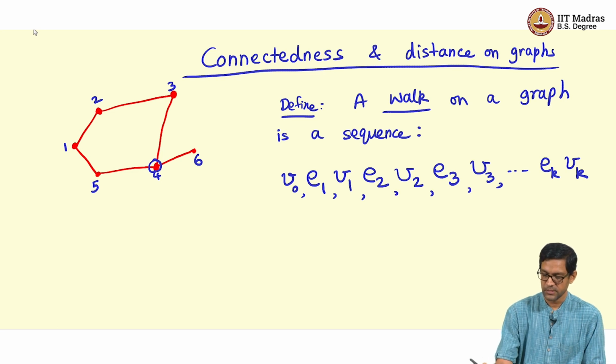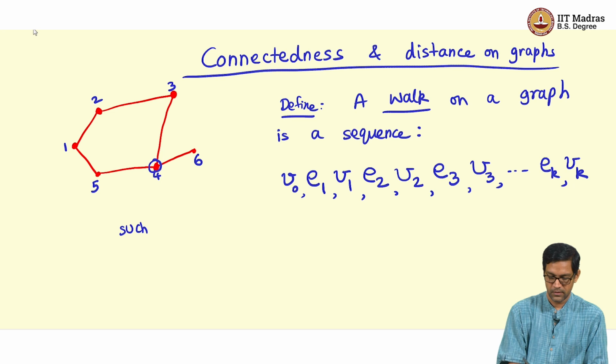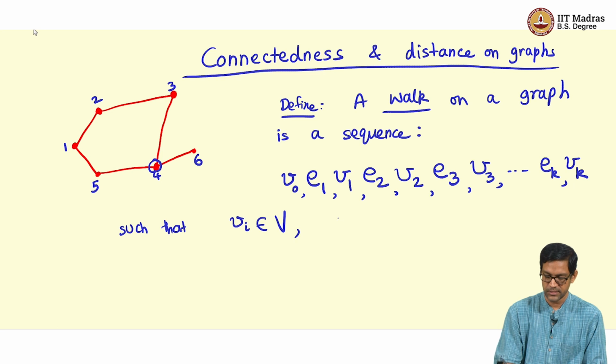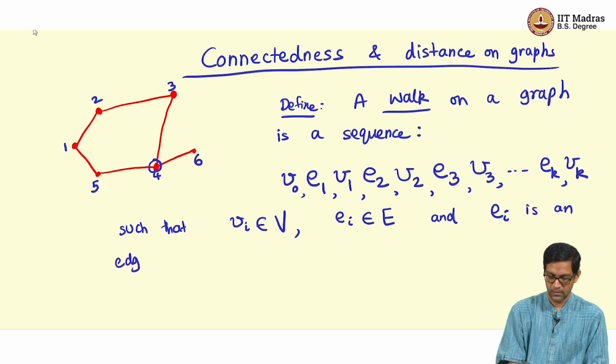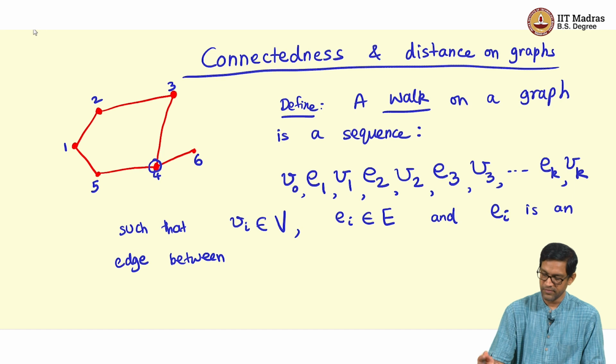So, here is my sequence such that all my Vi's denote vertices, Ei's denote edges, they belong to the edge set, and the ith edge Ei is an edge between its 2 neighbors. For example, E1 connects V0 with V1. So, this is between Vi minus 1 and Vi. Okay, and this should be true for all i equals 1, 2, 3 till k.